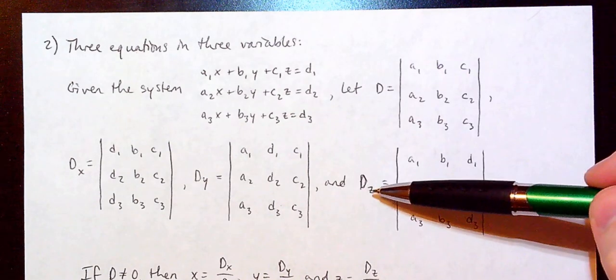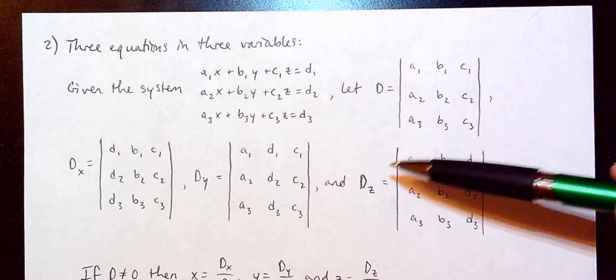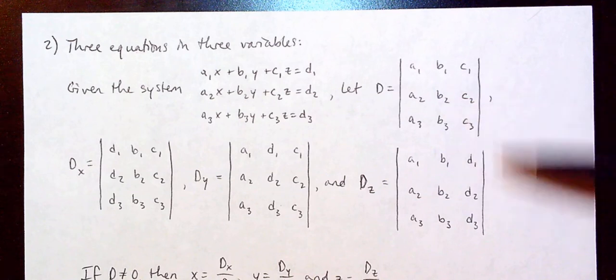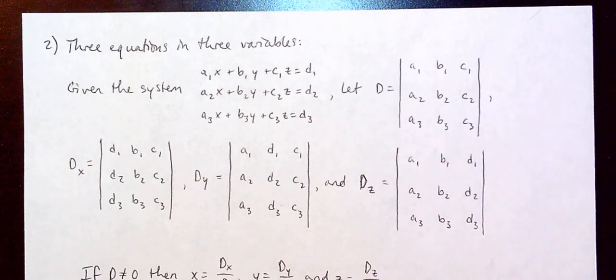And then capital D sub z, the determinant of the 3 by 3 matrix obtained as a result of taking capital D and replacing the little d's with the c's. So unfortunately, there's a lot of 3 by 3 matrix determinant finding going on here, but it's still at its core the same kind of thing as what we did with 2 by 2.